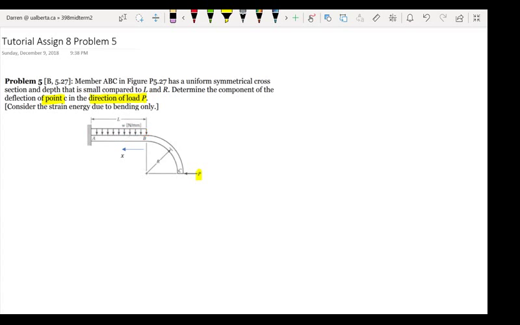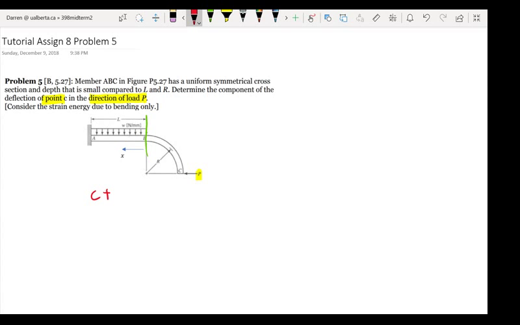So to tackle this problem, we have to split this beam into two. By splitting the beam, we can explicitly define where the distributed load is acting that contributes to the deflection. So the first step is to split the beam into two.